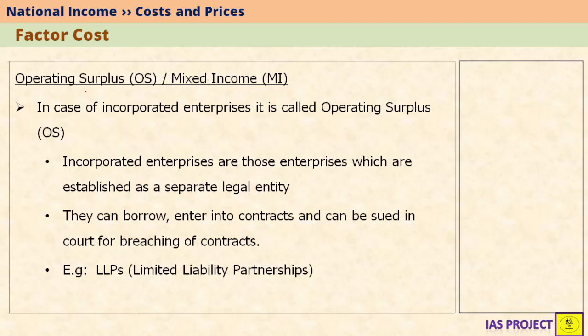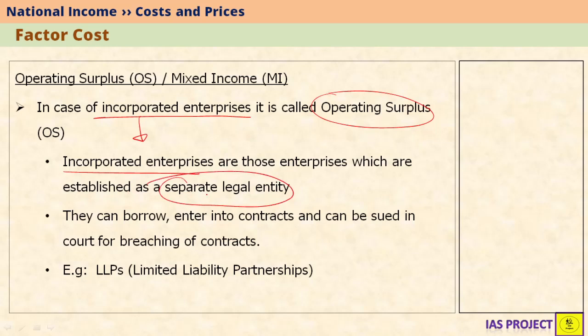Let's look at what operating surplus or mixed income is. First, let's see the case of incorporated companies. In the case of incorporated companies, it is called operating surplus. Let's look at what incorporated companies actually are. Incorporated enterprises are those enterprises which are established as a separate legal entity.